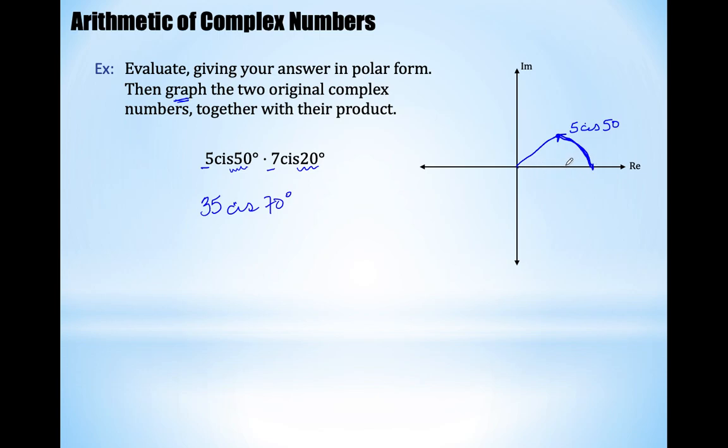Right, because it's cosine, sine. Then let's do 7, radiate out 7, but only go 20 degrees.